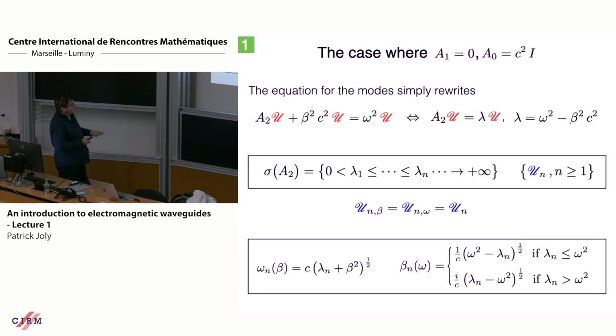And the dispersion relation takes a very simple form because the eigenvalue was omega square minus beta square c square. So for the first problem, this is the dispersion relation. And for the second one, this is the expression. So you see that whether beta is real or not depends on the position of lambda n with respect to omega square. Okay.